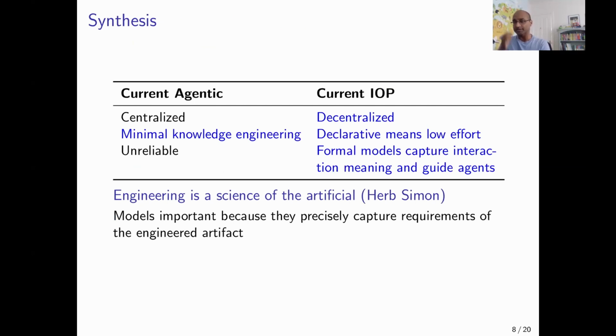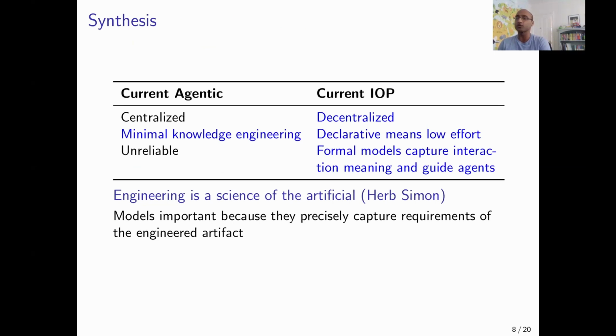I think there is an opportunity to synthesize agentic and IOP. I should mention this is joint thinking with Munindar Singh, and we've been trying to move away from a centralized way of conceptualizing systems.